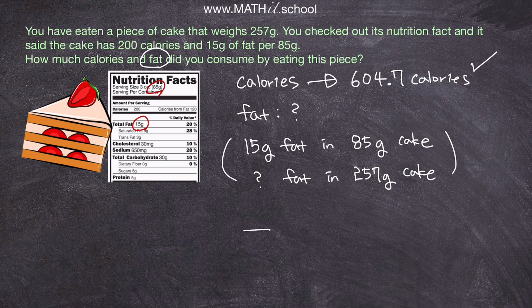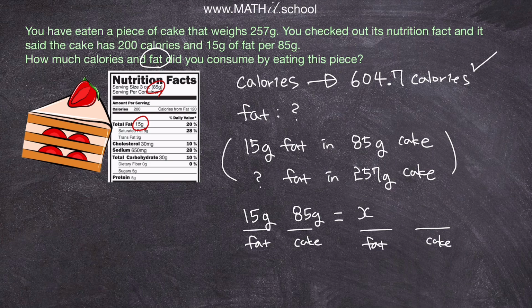Very easy, just 4 numbers in order: grams of fat on my left side and grams of cake on the right side. So 15 grams of fat in 85 grams of cake is equal to x grams of fat in 257 grams of cake.